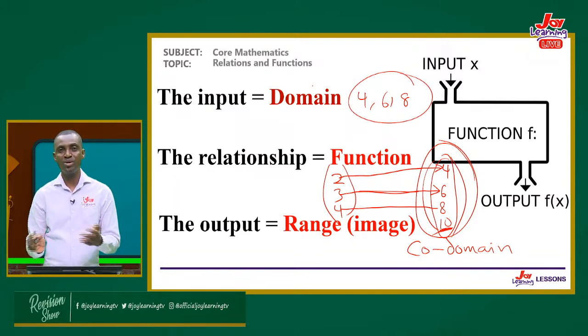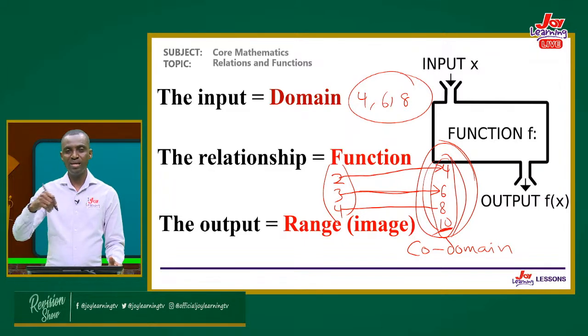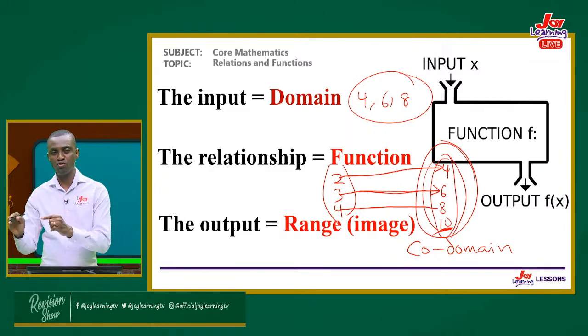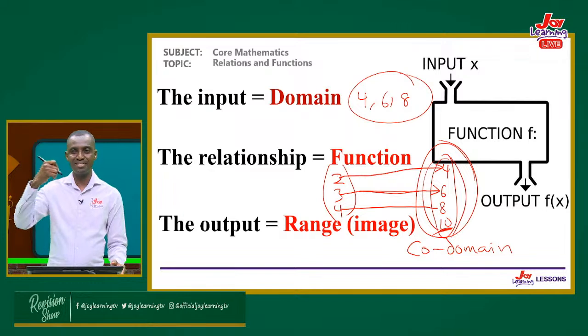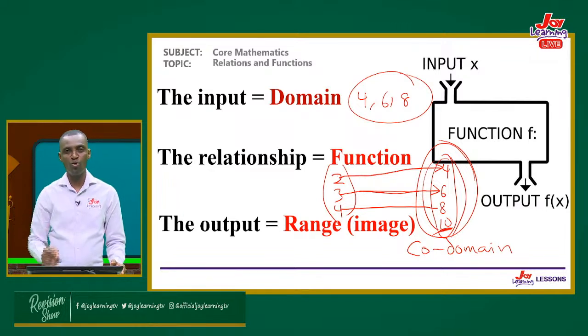The difference between range and codomain is that all elements in Y can be codomain, but only the elements that X is mapping onto become the range. I hope that is clear. And so we can say that range is a subset of codomain. And in some cases, all the elements in the codomain can be the same as all elements in the range. When that happens, the two become the same.